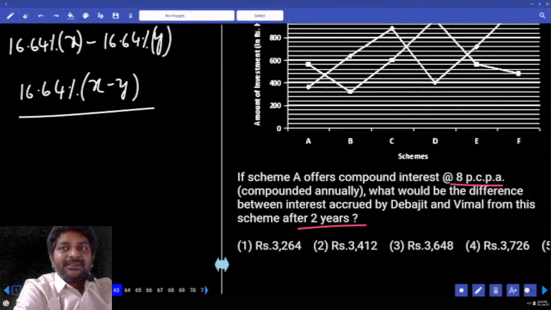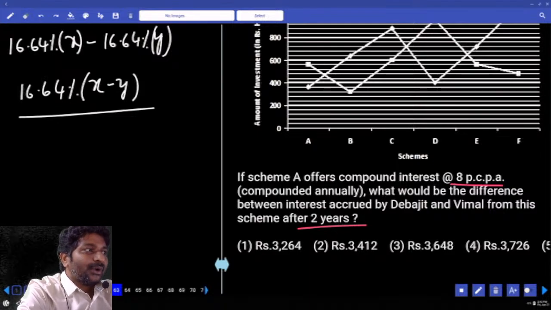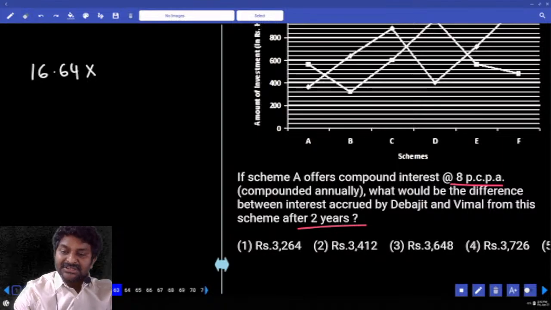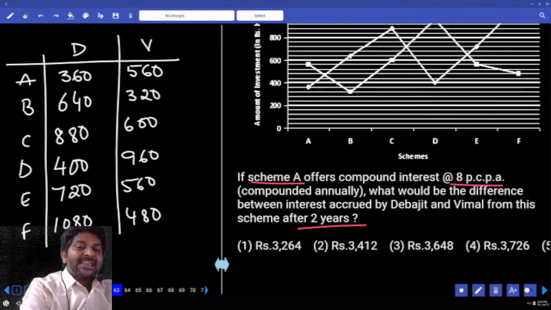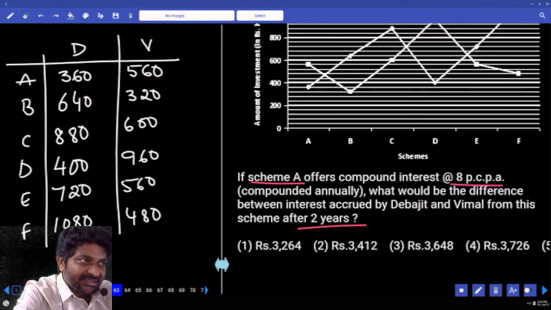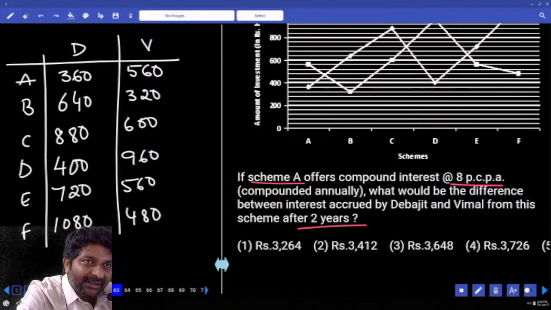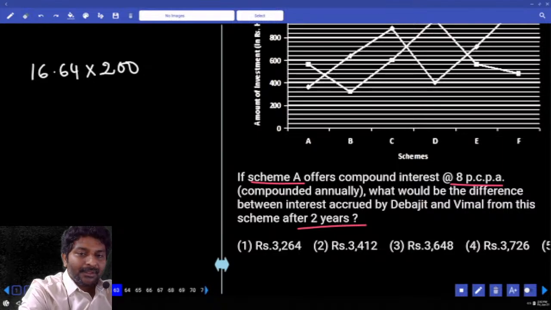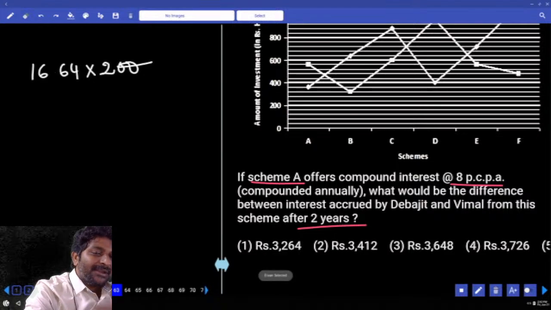If you follow the first one, how many calculations are required? And if you follow the second one, which is better? What percent is that? 16.64% into the 1% value, correct? This is for which scheme? Scheme A, Debajit's investment 360. That is 1% of Debajit, correct? Next is Vimal's. The 1% value is the difference, then into 200 only. 2 zeros and a decimal can be eliminated.